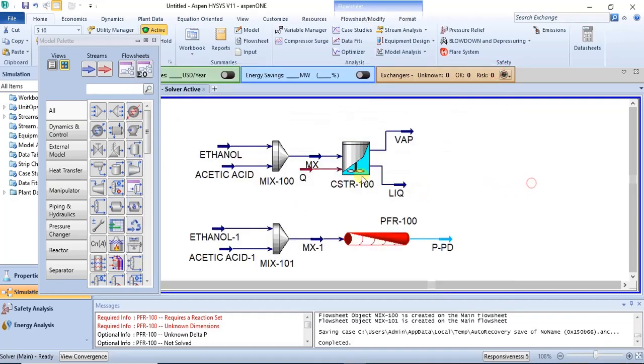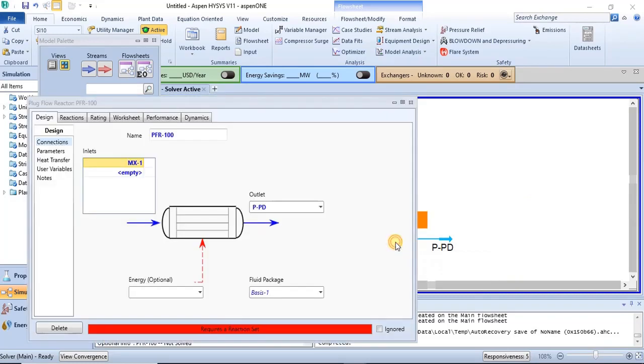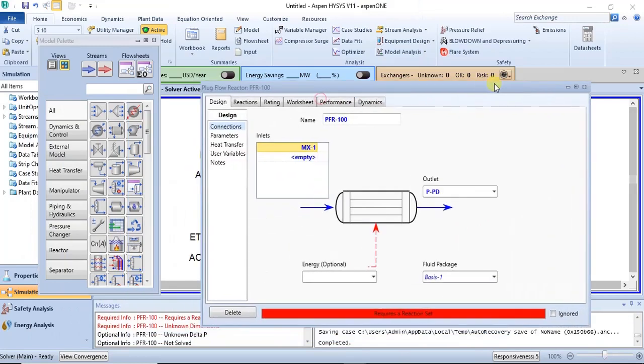We follow the same procedure for our plug flow reactor. It says it requires a reaction set.